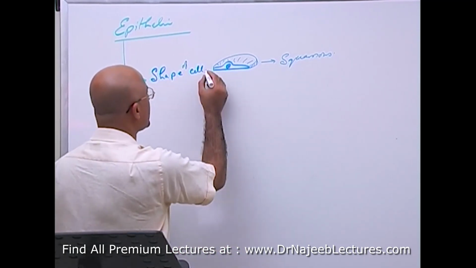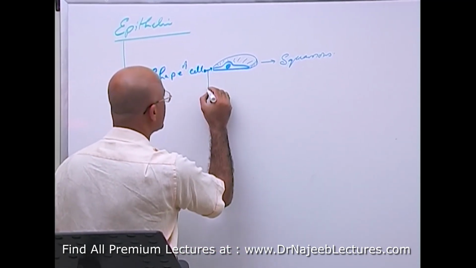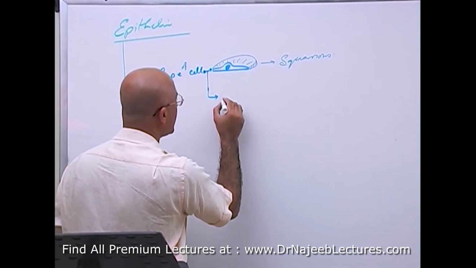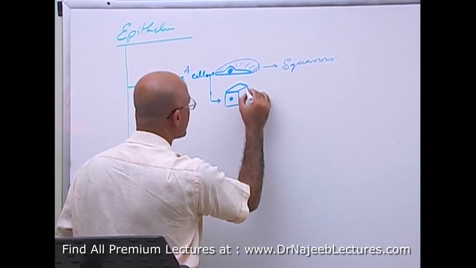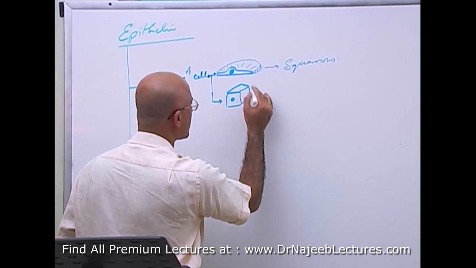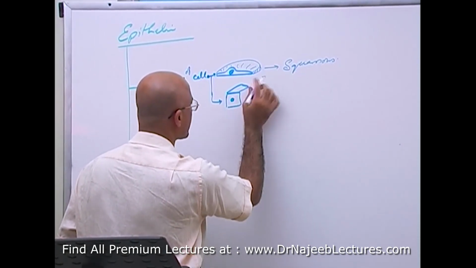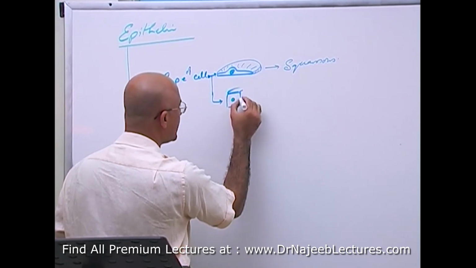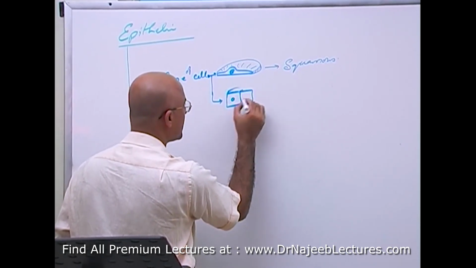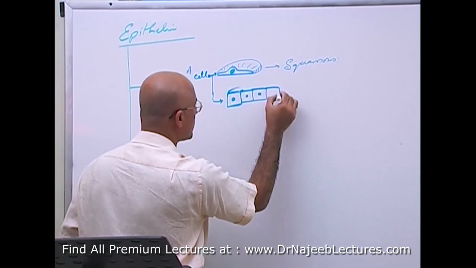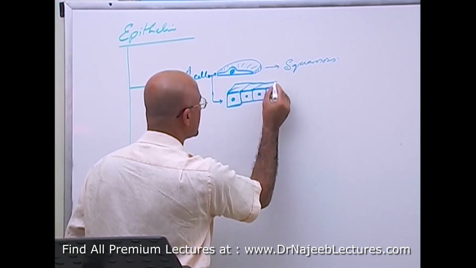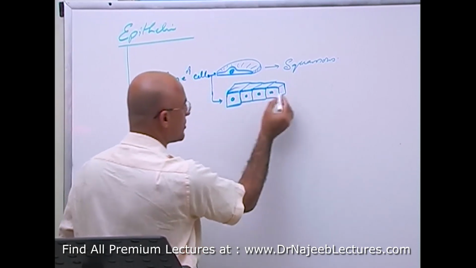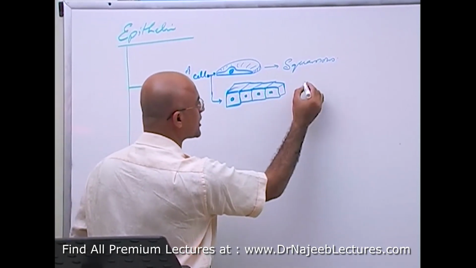Then there are other epithelial cells, and those epithelial cells have equal height and width and depth, right? Now such cells which have these features are like a cube.